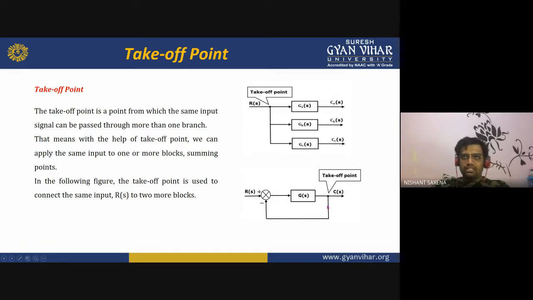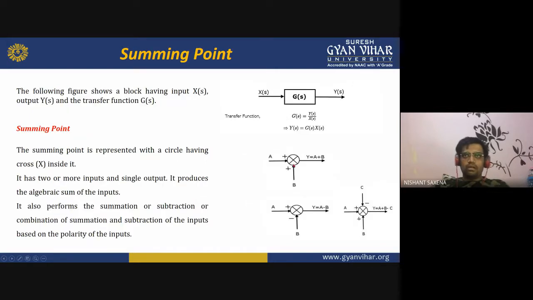It is passing the output to the input again. That is giving the output as feedback to the input. So this is also a takeoff point. So it is not always only for the input side. It is also for the output side. The takeoff point is denoted by the node, whereas the summing point is denoted by the circle with the cross. I hope this is clear.